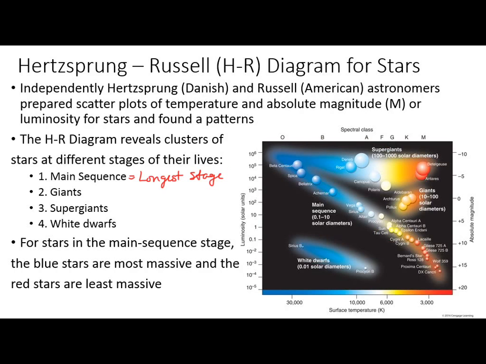The other thing is that on the main sequence, you can see that these are massive blue stars, and down here we have low mass red stars. The giants and supergiants and the white dwarfs, they don't really play along as much as the main sequence stars.